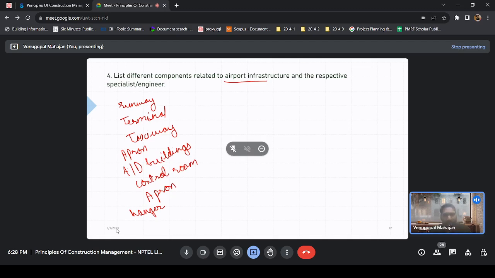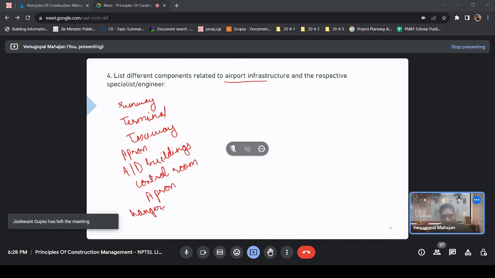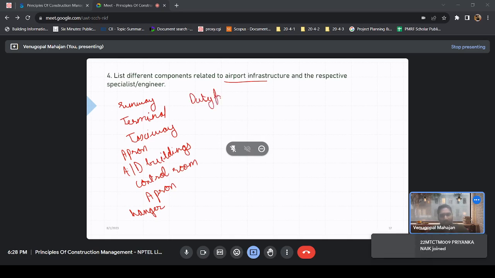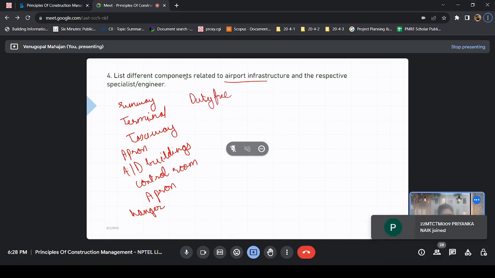What about food outlets? We have got all the chains there, Haldiram, Subway, etc. Let me just add duty free shops. Anything else?